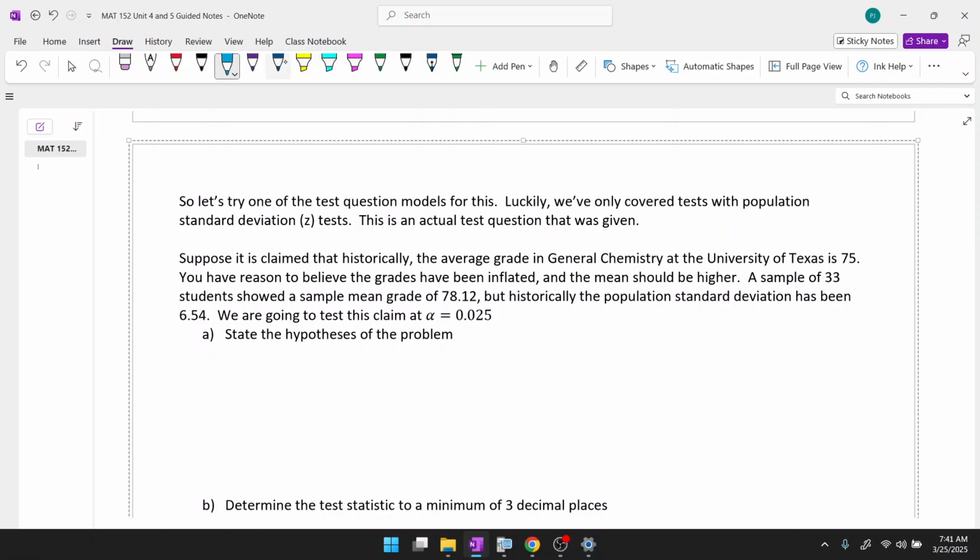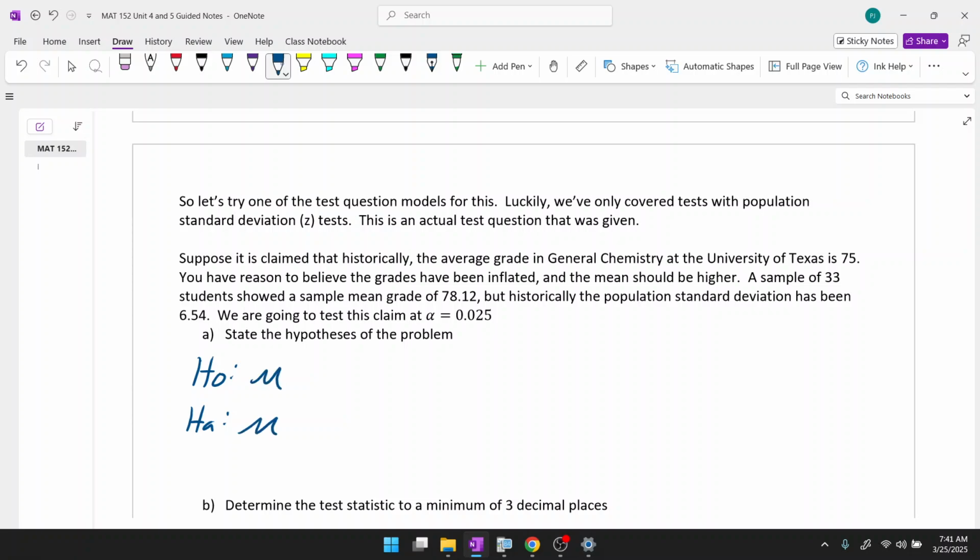So for the hypotheses, the null and the alternative, we're dealing with means here, and 75 is going to be on the other end of this, on the same side. 75 is our question value, so to speak.